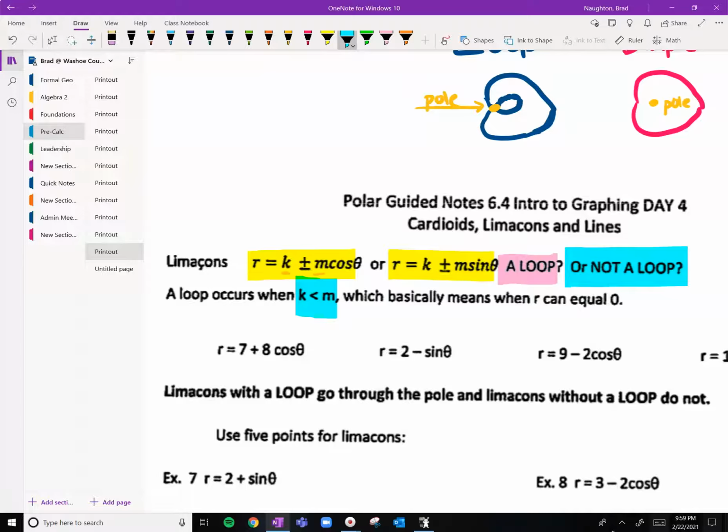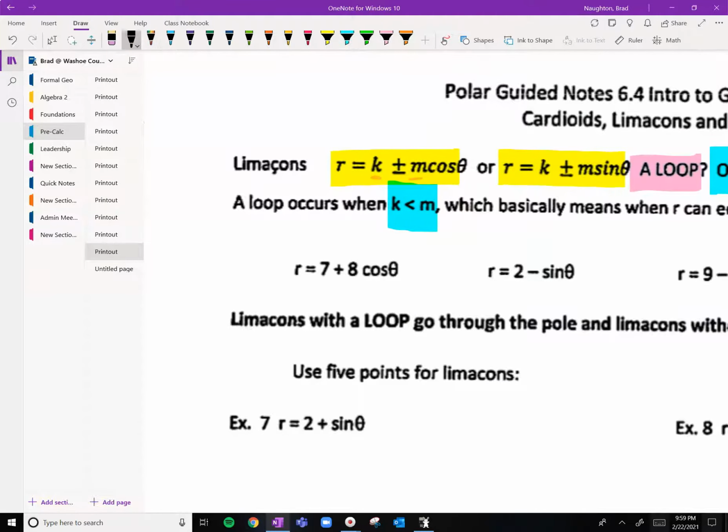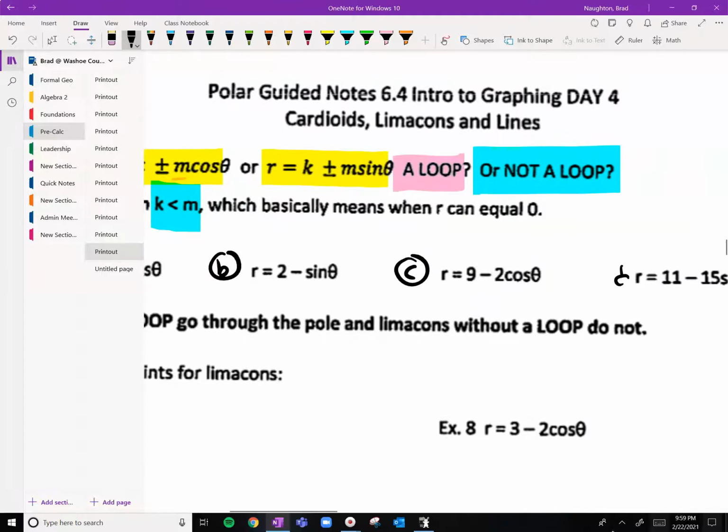So that's what these next set of examples are actually going to be all about: is there a loop or not? And I'm going to add a new extra wrinkle. For this one, we'll label this A, B, C, D here.